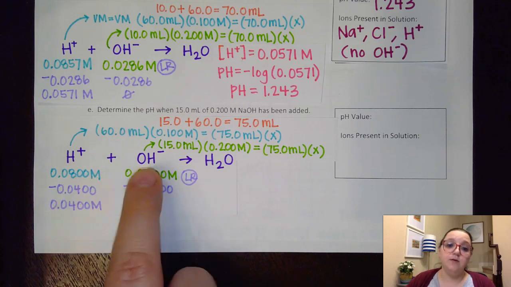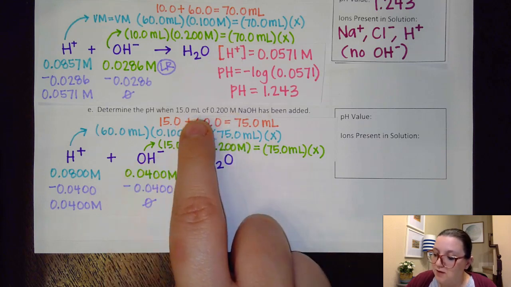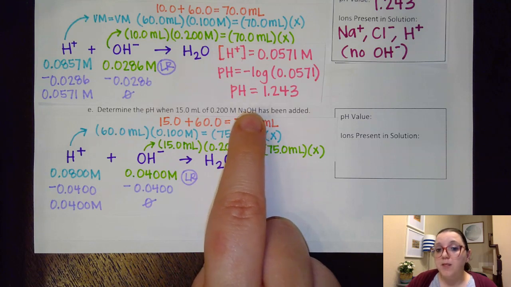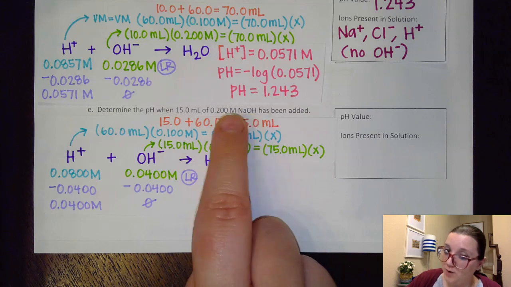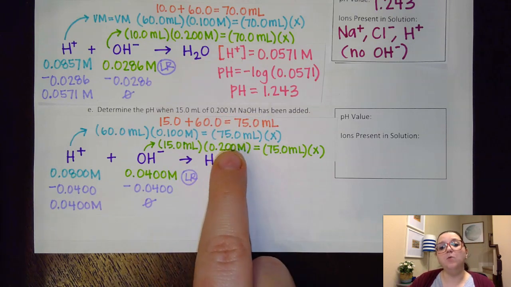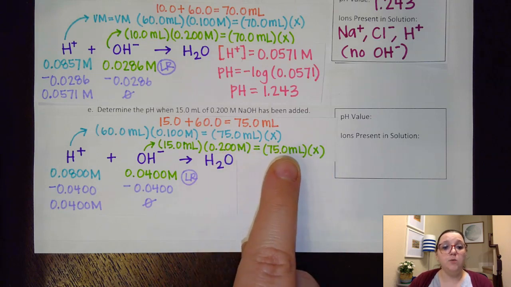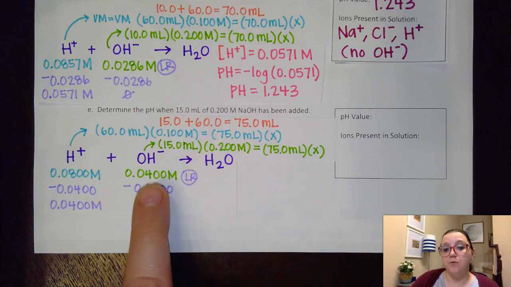So then I do the same thing for hydroxide. Again, I had 15 milliliters of that hydroxide solution. Since there was only one OH in here, this molarity is also the molarity of the OH. If I had two OHs, I would have had to double it, but I didn't have that. And so then I want to figure out, well, what would the molarity be at 75 milliliters? And so again, I solve my M1V1 equals M2V2, and that gets a molarity of 0.04.